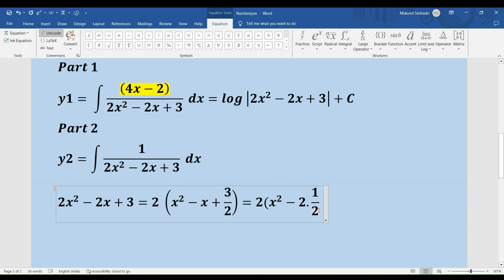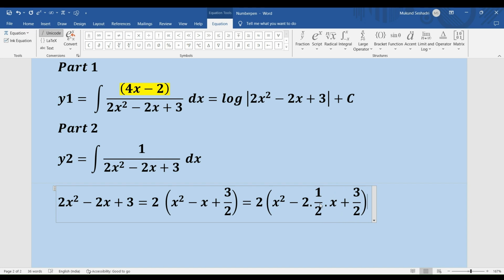And I hope you folks are with me and you do understand why I am doing this, right? It doesn't change the expression in any way, because a 2 into 1 by 2 is equal to a 1. So I rewrite my minus x as minus of 2 times half times x, right? And then I have a 3 by 2, right?